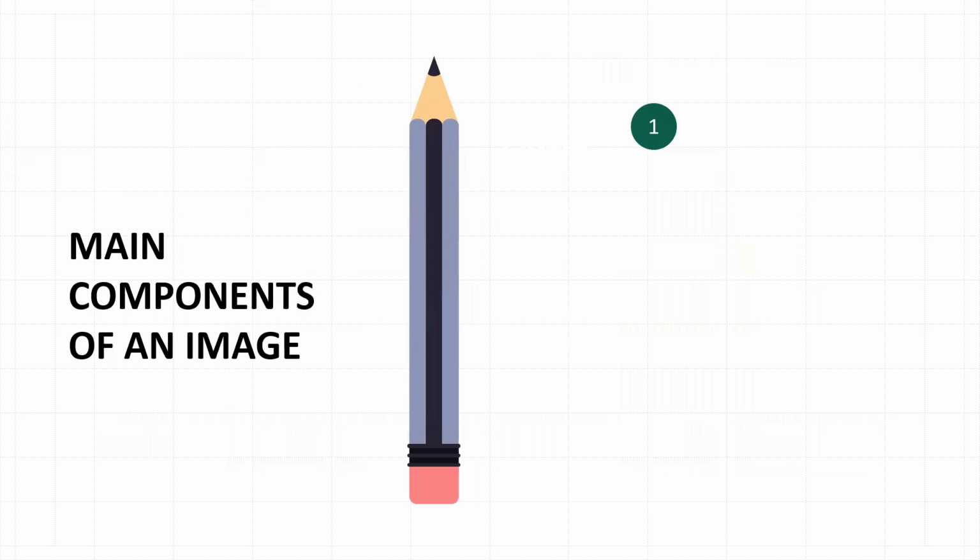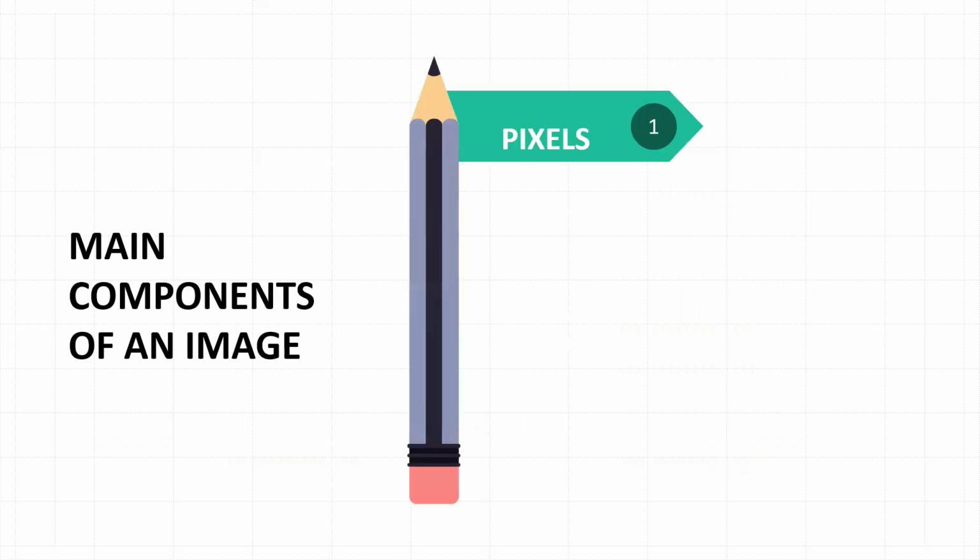Very next thing, the main components of an image everyone must know. Very first thing is pixels. Pixels are nothing but picture elements. In picture elements, 'pic' is taken from the first word, and from 'elements' the first 2 letters are taken: pic, el, nothing but pixel.